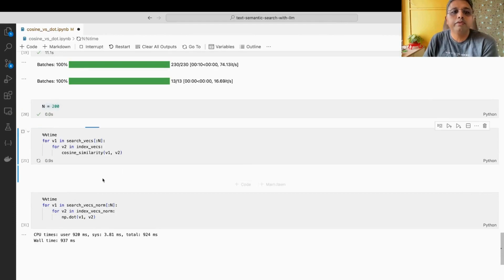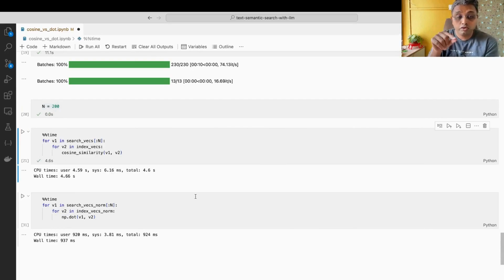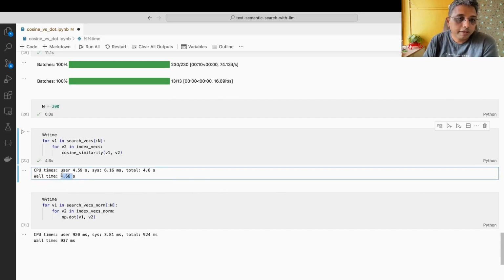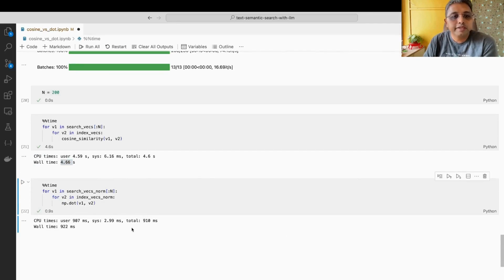If you see, the cosine similarity comparison is going on with search and index. The wall time is around 4.66 seconds, and the same thing is done for dot product, and the time is 922 milliseconds. So this is a significant difference in calculation speed.